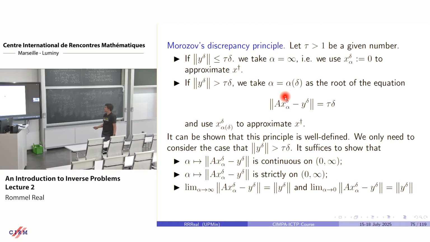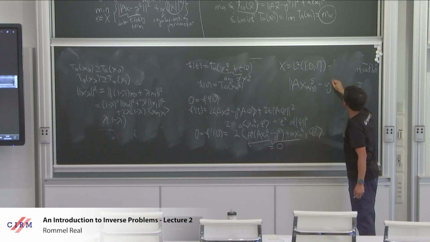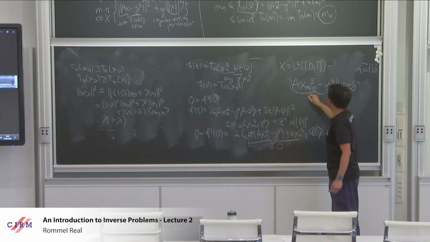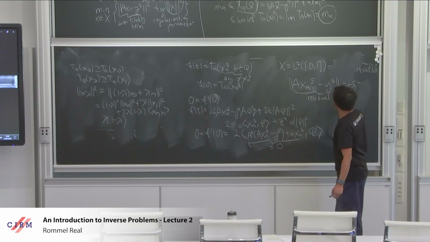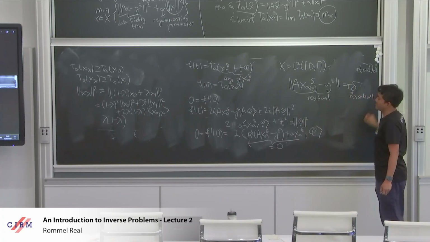On the other hand, if the norm of the noisy data is greater than tau delta, then we can take alpha of delta as the root of this equation. Taking the root of this equation simply tells us that the residual, that's the term there, I actually could have used a better notation there, tells us that the residual at the regularized solution is within the given noise level.